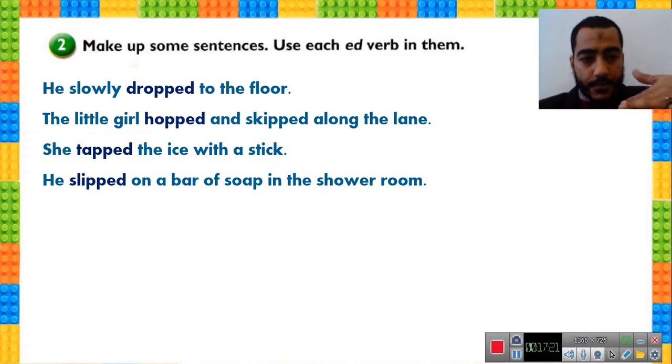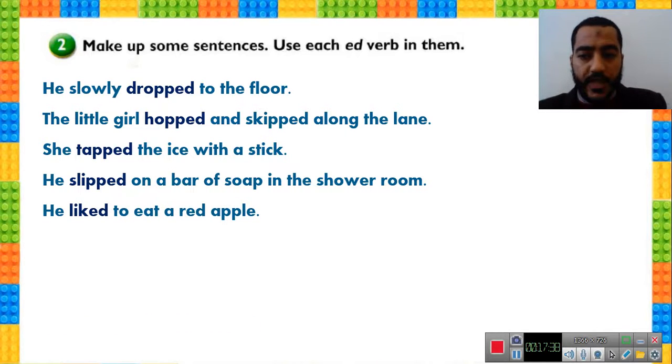He slipped on a bar of soap in the shower room. Slip means like fall down. Okay, next sentence. He liked to eat a red apple.